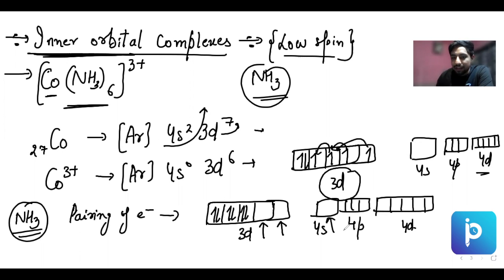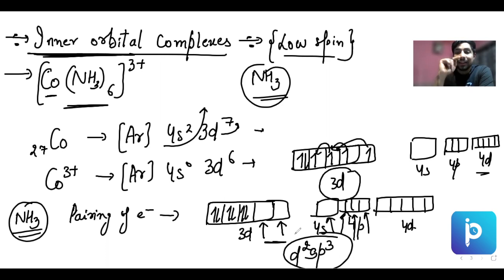One in the s, and 3 ammonia molecules will come in the 3p orbitals. So 2 d orbitals are used, that is d2, 1 s and 3 p. So it forms the hybridization d2sp3.